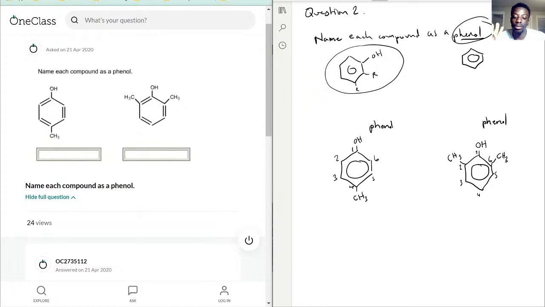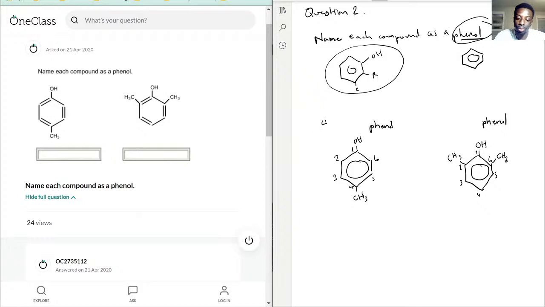All right, so we've done that. Now, the way the naming works for this is that you want to be able to say the subgroup, the name of it, and where it's located, starting with the location. So here, the methyl group is on the 4.